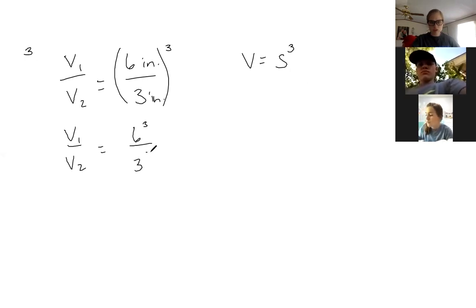So what is the ratio between these two cubes? 6 cubed over 3 cubed. So what's 6 cubed divided by 3 cubed?